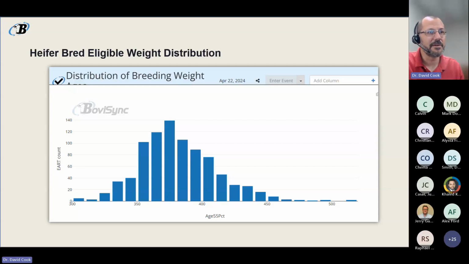That way we're not feeding so many of these to be ready a month, 6 weeks ahead of where they need to be. And so I think there's a really interesting opportunity there from both a nutrition and repro management standpoint of trying to better align growth with the breeding that we're trying to achieve.